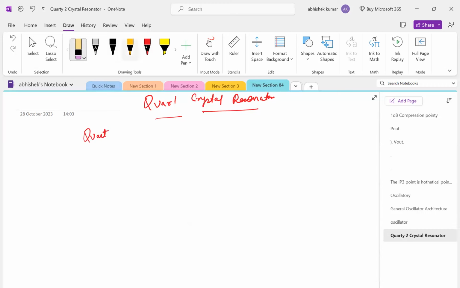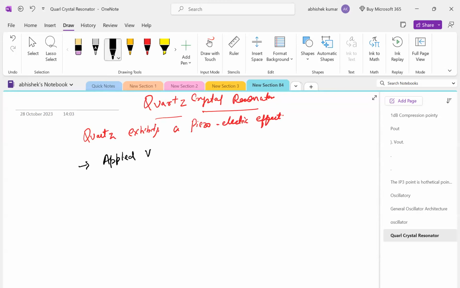Quartz exhibits a piezoelectric effect. Okay, so what does it do? Applied voltage causes a shape change.